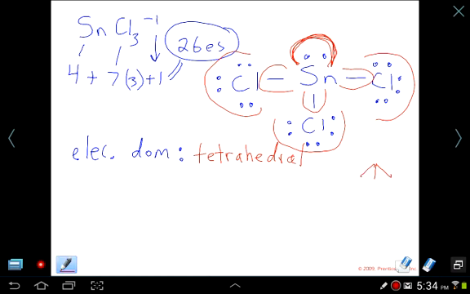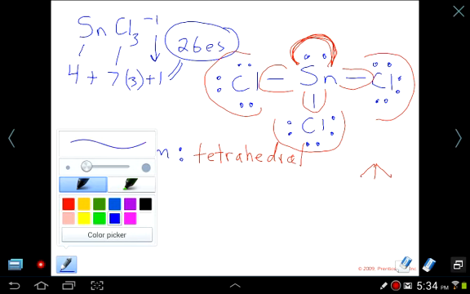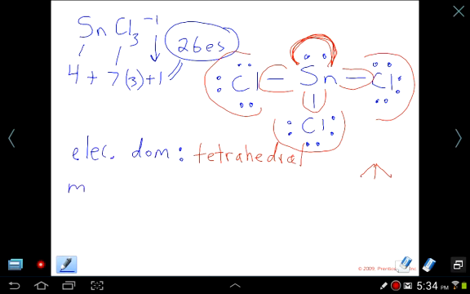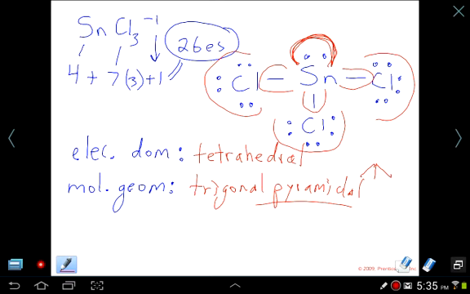So our molecular geometry will have to be trigonal pyramidal. Recall that's the molecular geometry that we really care about, so trigonal pyramidal.